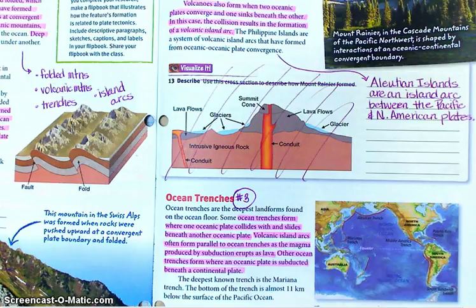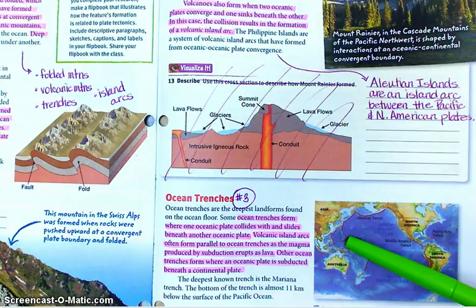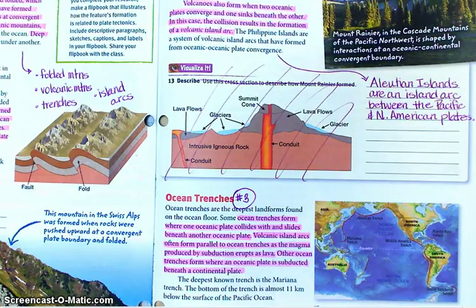The deepest known trench is actually the Mariana Trench, which is over here. There's actually a little island arc here called the Mariana Islands. But the Mariana Trench is the deepest trench that we have discovered, and it's over 11 kilometers below the surface of the Pacific Ocean.